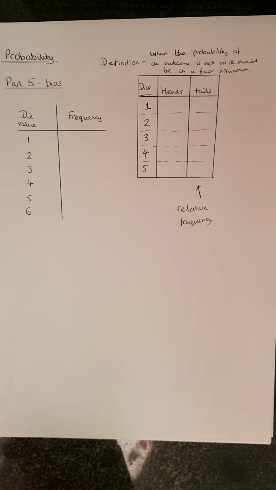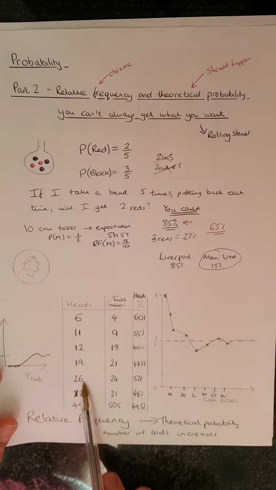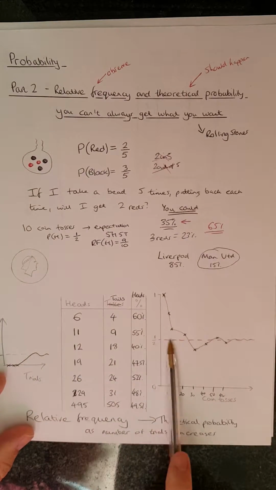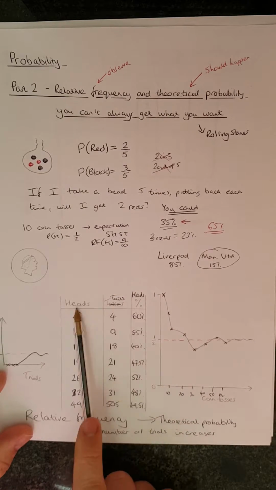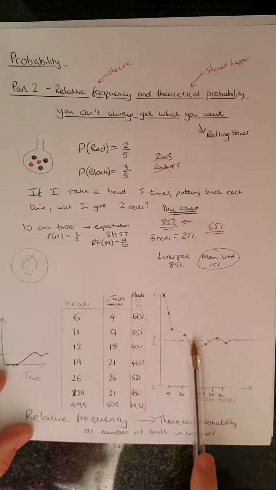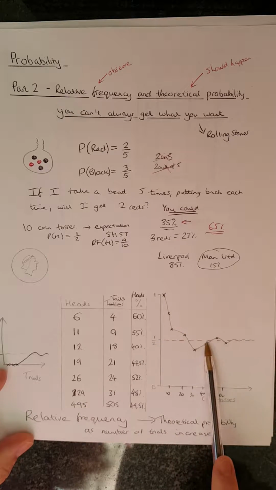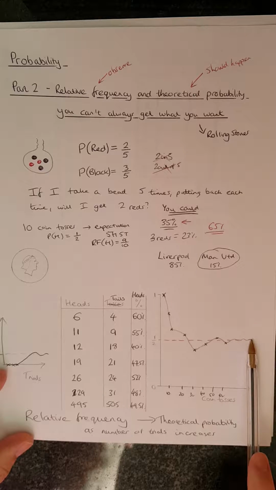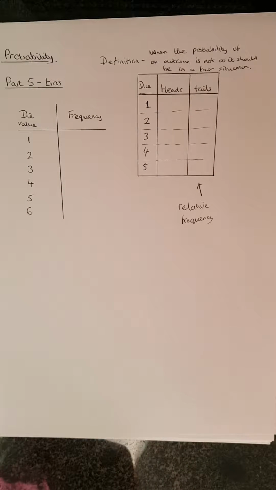Now if you remember back to part 2, we investigated what happens with dice and coins. In particular, we looked at coins with heads and tails, and we found that over time, if you do enough trials, the probability tends towards half. The relative frequency becomes the theoretical probability. Well, that's going to be really important for this.